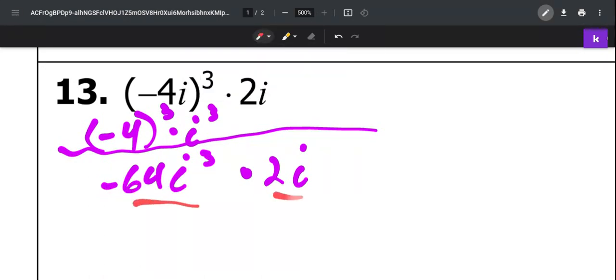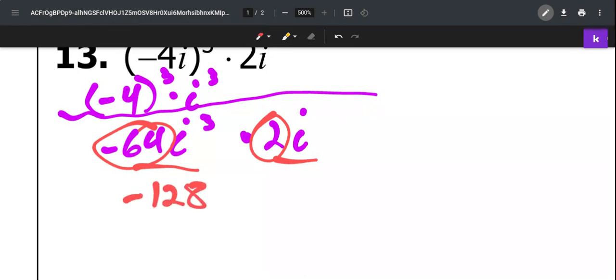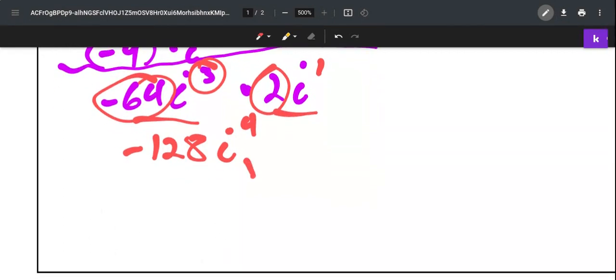When you take two variables or two letters and you multiply them, you actually add the exponents. But we still have to multiply -64 times 2 first. Those just get multiplied like normal numbers, so there's no rules for that. Now, my i for the first term has 3. This one has an understood 1, so technically that's to the 4th. All right, now i to the 4th, we could say is 1.